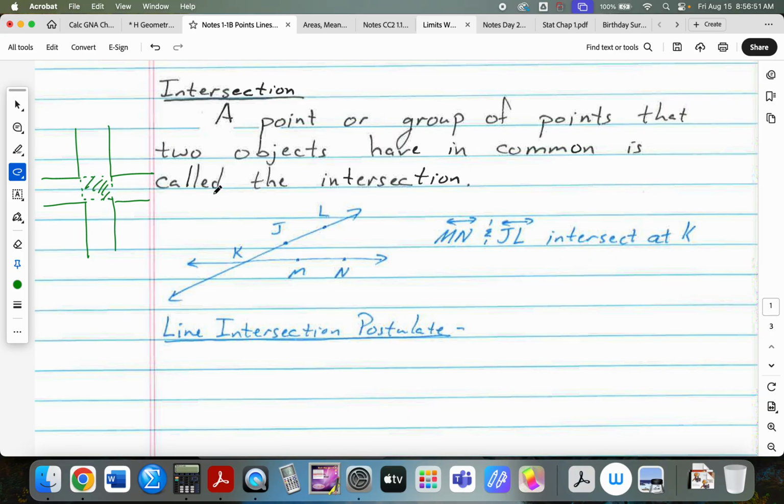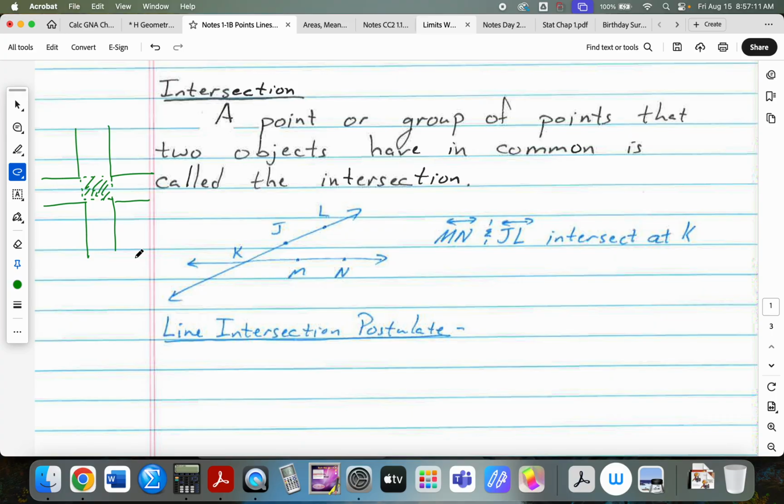That is not just part of one street, but it's also part of the other street. So everything that's in here is part of the intersection. So the intersection of two things are what they have in common.